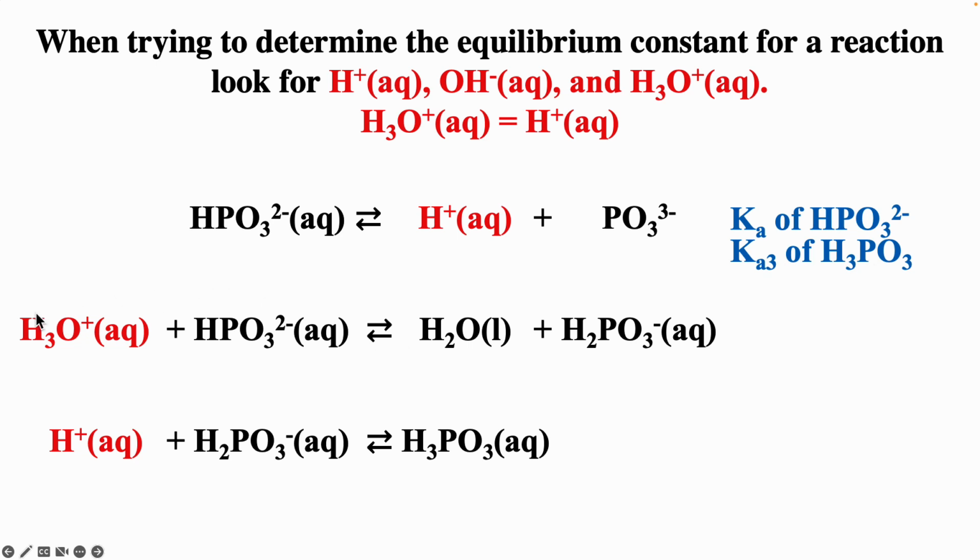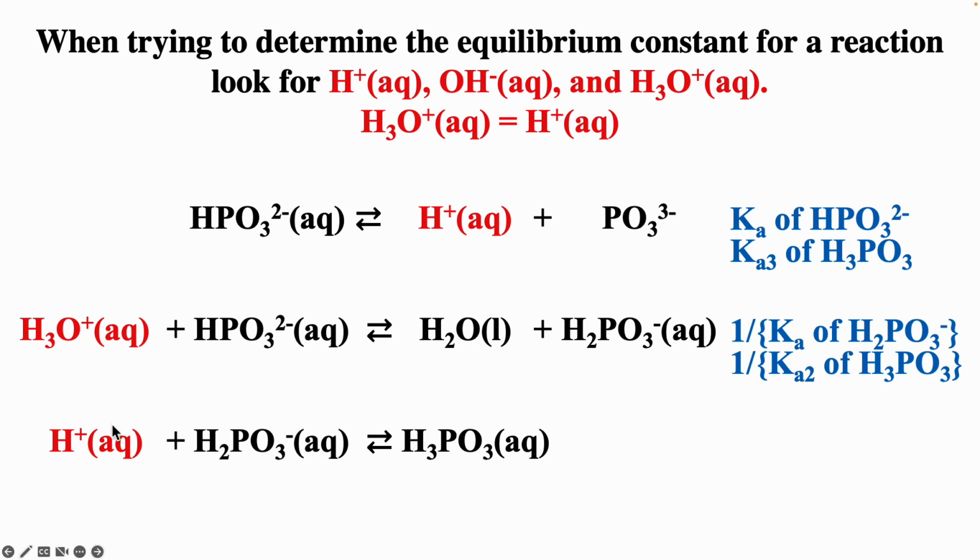For the next one, we have hydronium as a reactant, so it makes us think about 1 over Ka. Look on this side, we have 1 over Ka of dihydrogen phosphate. Now, the Ka of dihydrogen phosphate is the Ka2 of phosphoric acid. And so the equilibrium constant here is 1 over Ka2 of phosphoric acid.